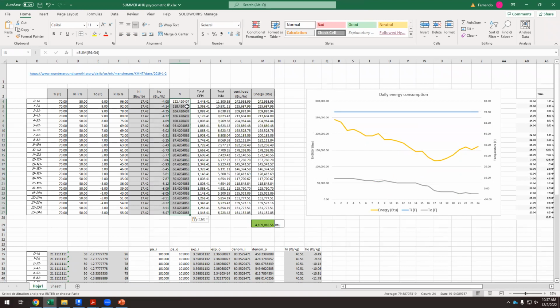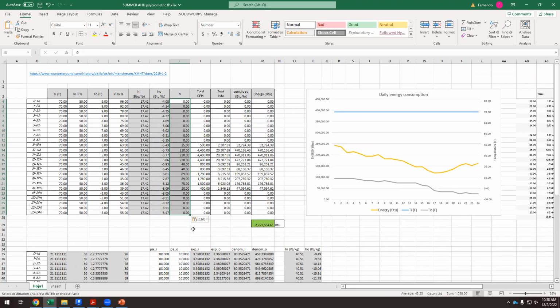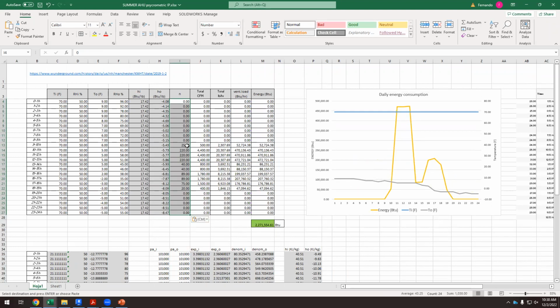And what's that? Why do I have 122 whatever? Because I have copied a formula from other Excel file. So if I just want the values, I have to type here just values. And now I have here 0, 25, 220.